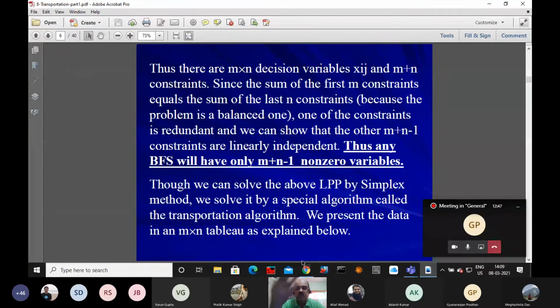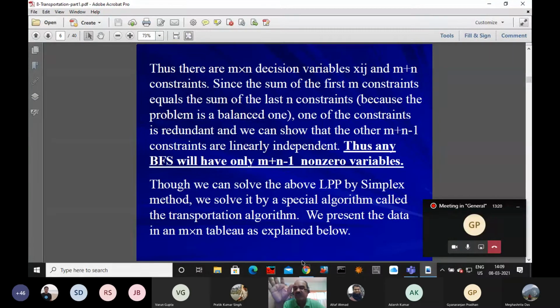Since altogether there are m times n variables and m plus n constraints, and the problem is balanced, the basic feasible solution must have m plus n minus 1 non-zero variables. If m equals 5 and n equals 4, then 5 plus 4 is 9, and 9 minus 1 equals 8.